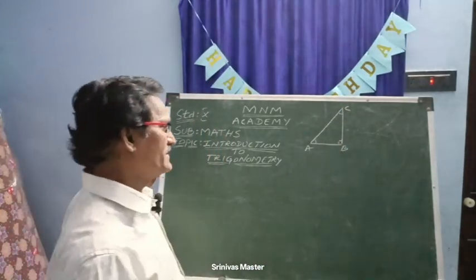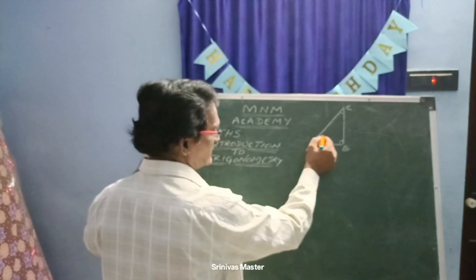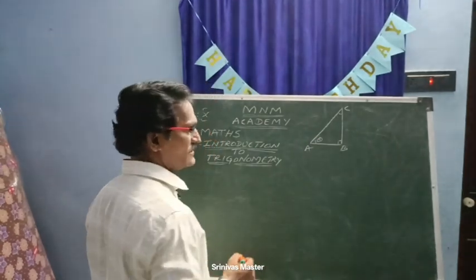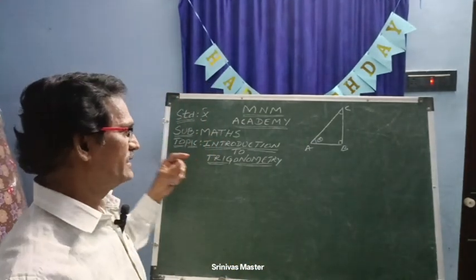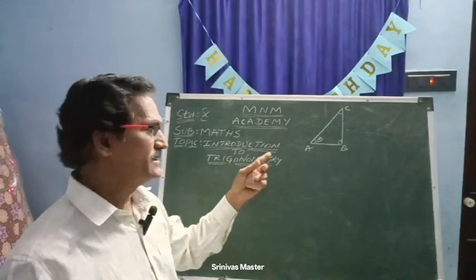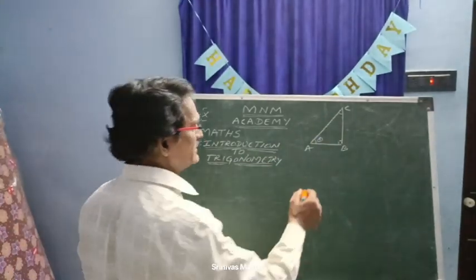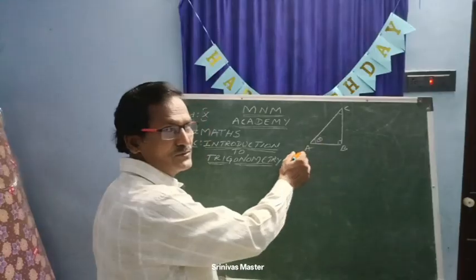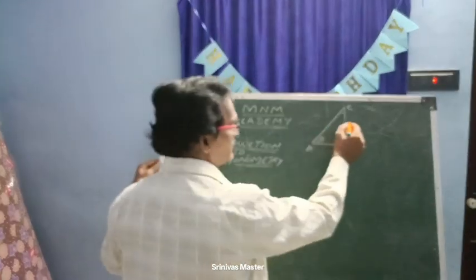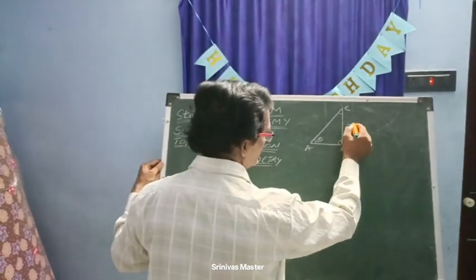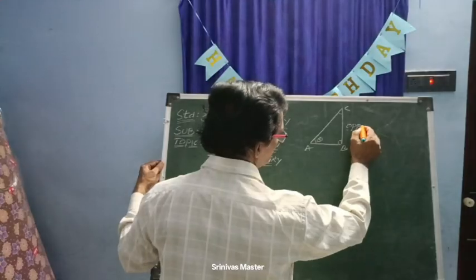To identify the sides, suppose theta is one of the angles at the point A. Theta's opposite side is BC. The side which is opposite to theta is called the opposite side, so BC is the opposite side.